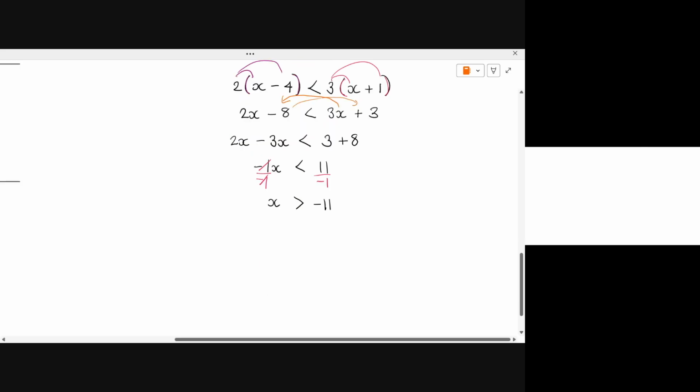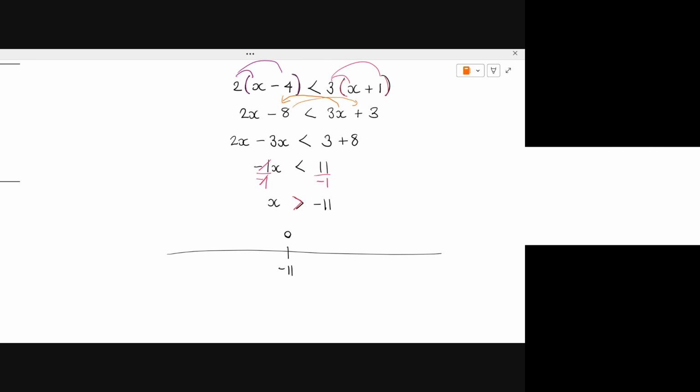Okay. And now on my number line, I'm going to draw a line like that. And I'm going to put -11 just there. Good. I didn't even get to that part of the question yet. Now, because in this part there isn't an equal to sign, I now need to draw an open dot. And because my mouth opens towards x, that means x needs to be the bigger number.